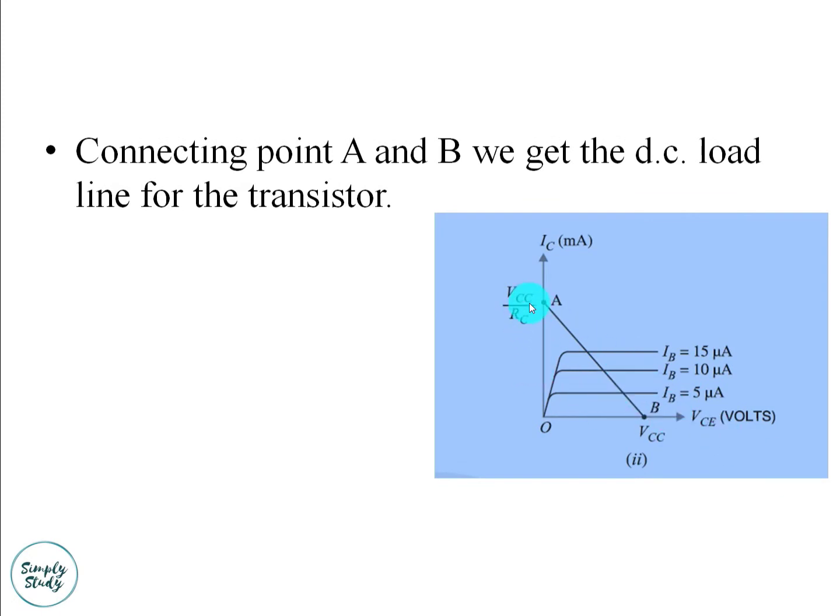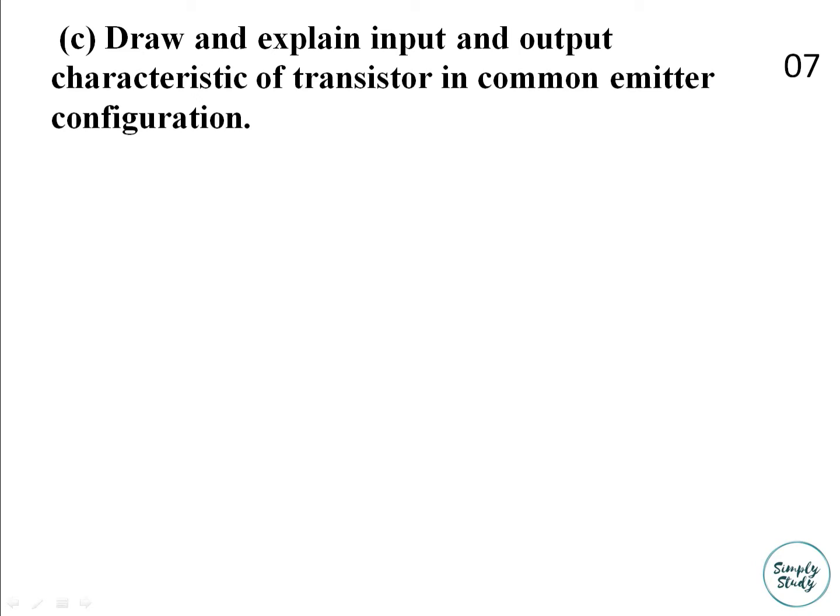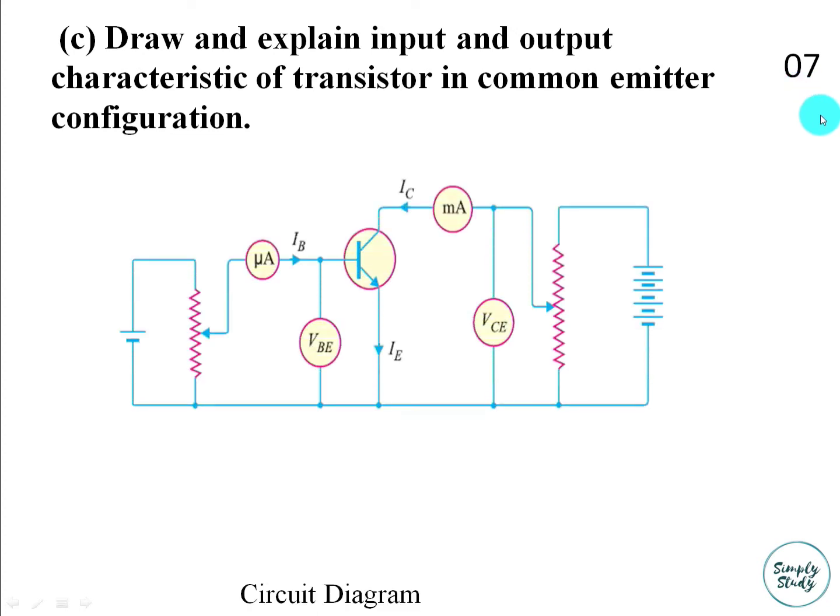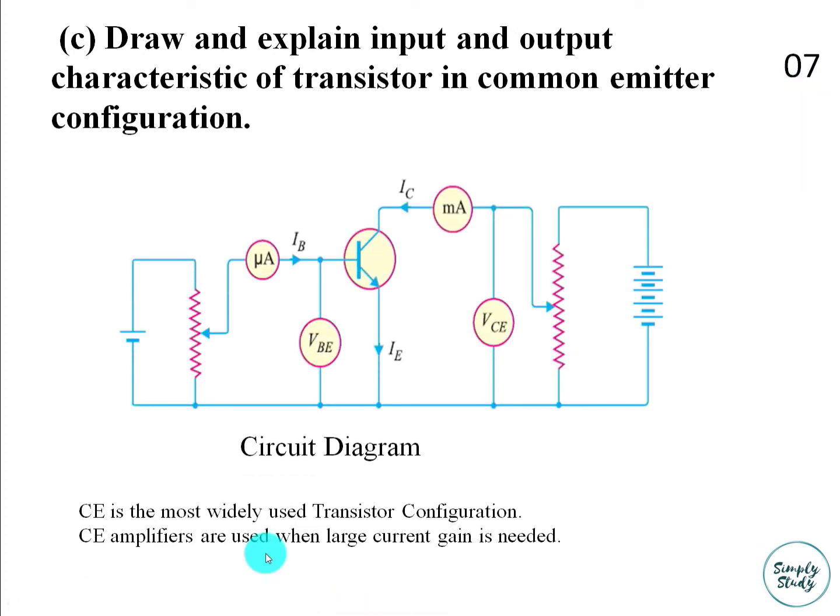Let's move to the next question. Question 3c states: draw and explain input and output characteristics of transistor in common emitter configuration. This question carries 7 marks. The common emitter configuration is the most widely used transistor configuration. The common emitter amplifiers are used when large current gain is needed.